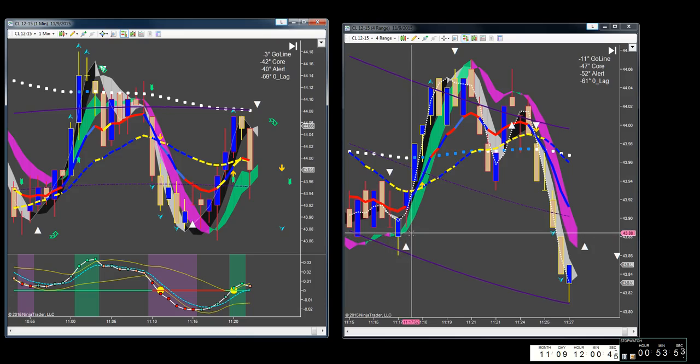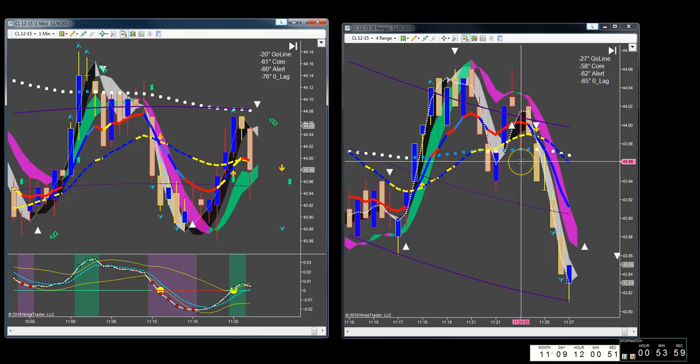It would be one of my rules. And when you say crossover, you mean crossover the core? Well, no, crossover itself. Have the triangle before you enter the trade. I'm not going to enter here because the periods of the zero lag have not crossed over.